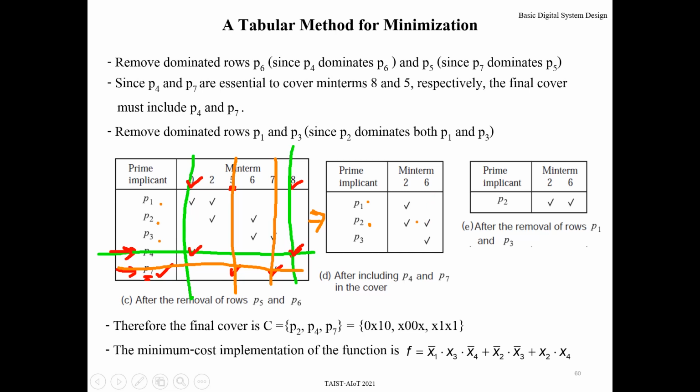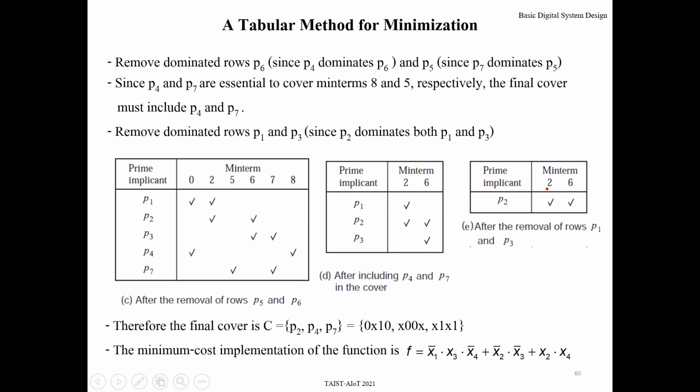Okay. Again, from this, you will see that this row is dominated by P2, then you can delete this one. P3 is dominated by P2 also, so you can delete this one and it becomes this. And now this midterm is covered by only this prime implicant, so this prime can become essential now.